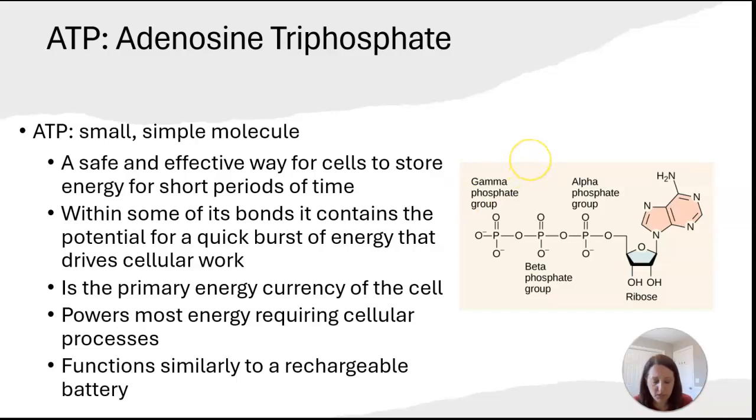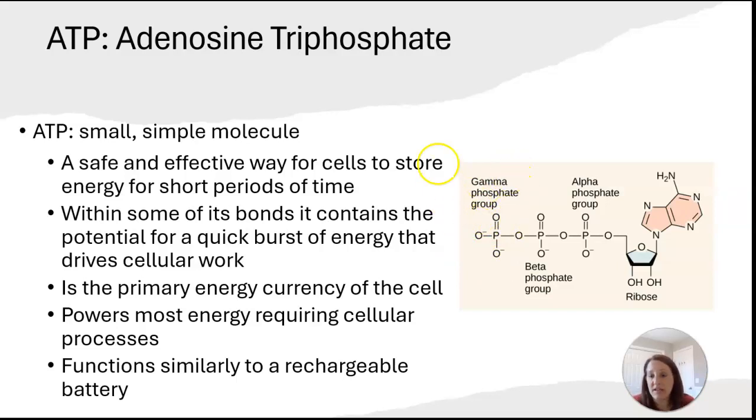So what happens is this third phosphate group called the gamma phosphate group, this will come off. It's actually going to come off and be donated to whatever cellular process this ATP is driving. And that transfer of that phosphate group is a transfer of energy. And so then if this third phosphate group comes off, then we're left with ADP, adenosine diphosphate.